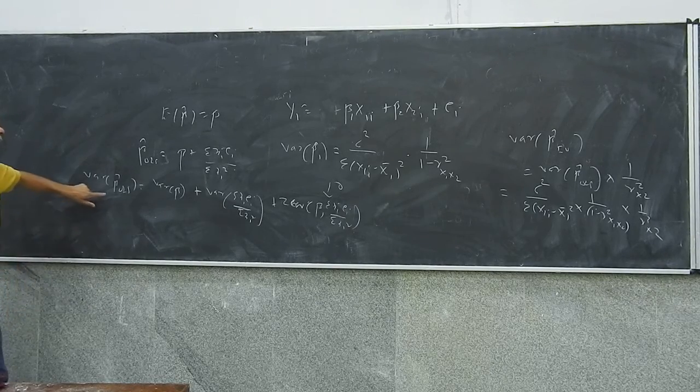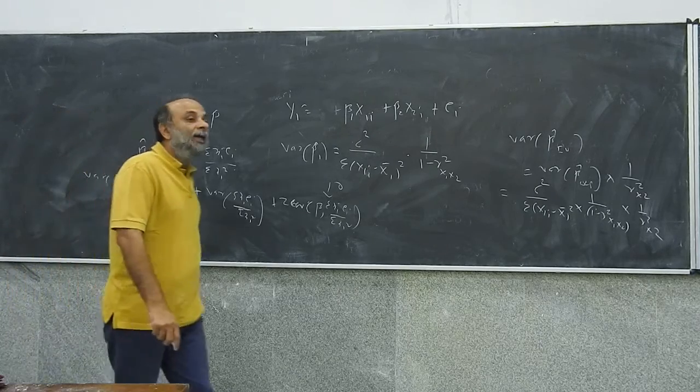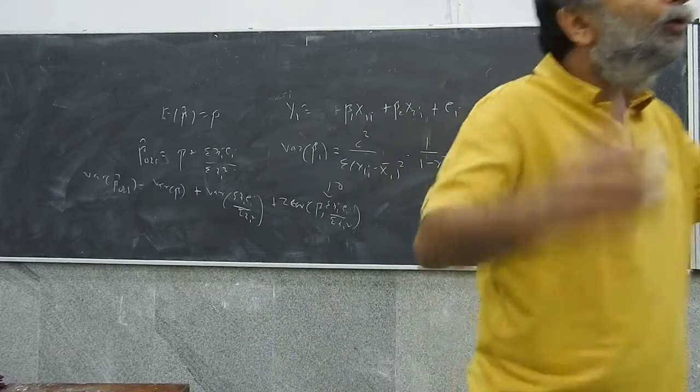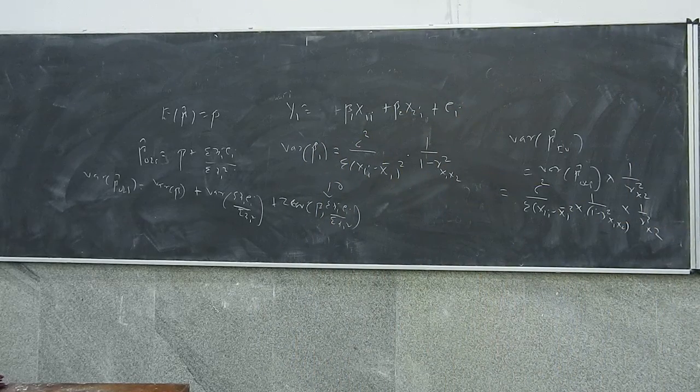This is 0. So variance of beta hat OLS would have been variance of summation x_i e_i upon summation x_i squared, and we don't know what that quantity is because x and e are not independent of each other. Right? It should have been some unknown formula.